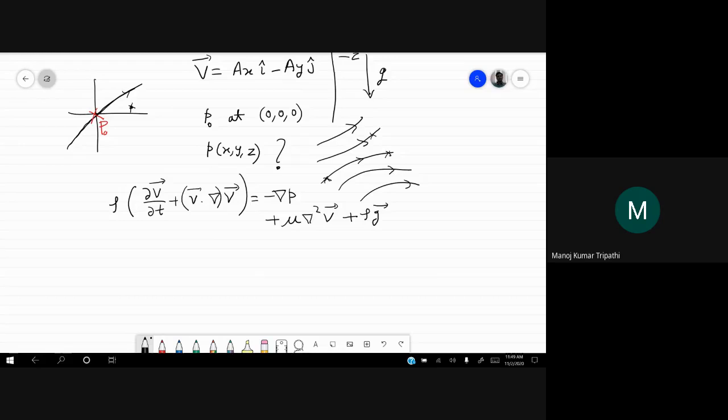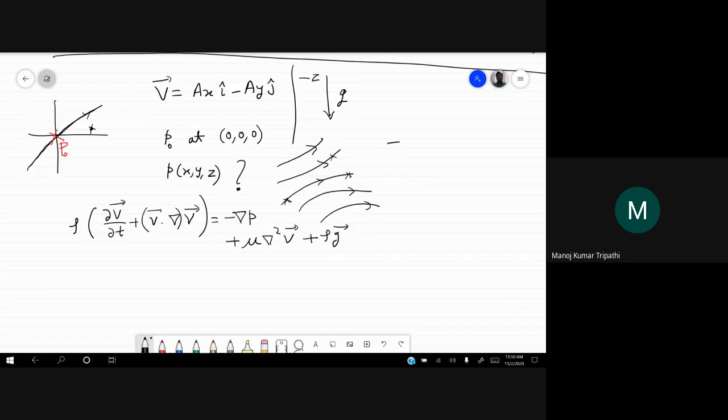This is the Navier-Stokes equations, and there is continuity also, del dot V equal to 0. First, let us check if continuity is being satisfied, if the problem is correct or not.